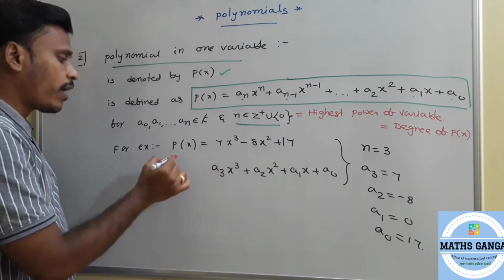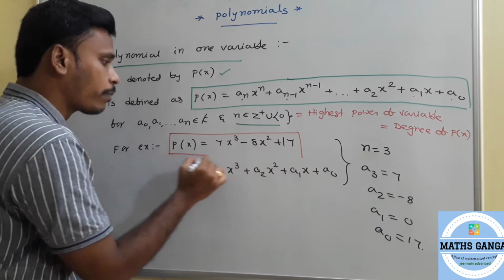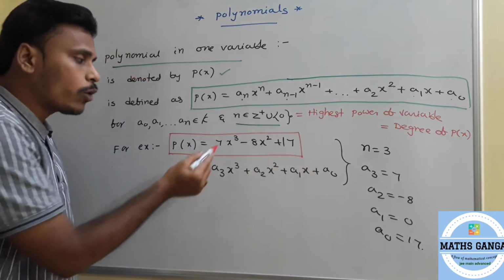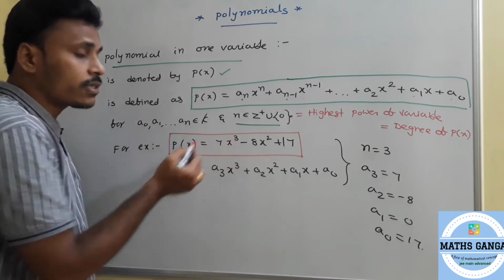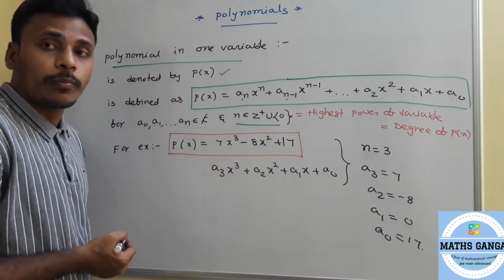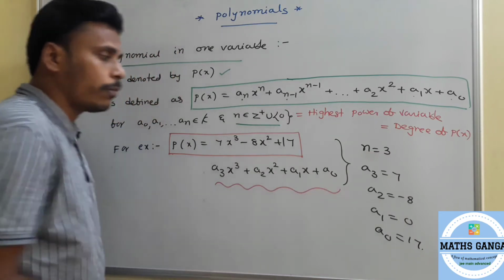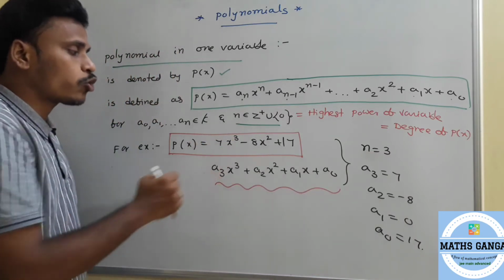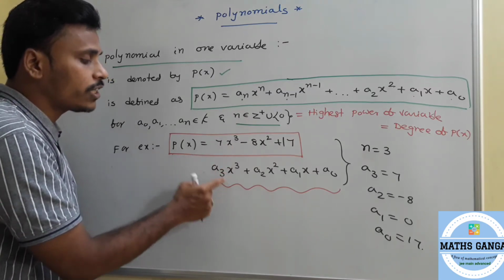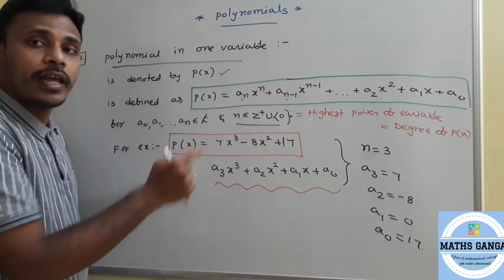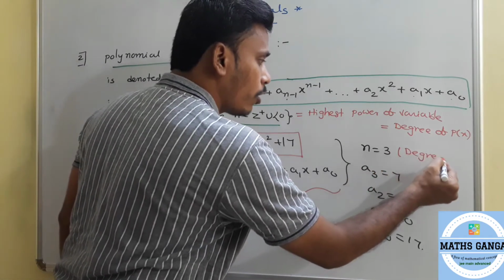For example, if I have a polynomial 7x cube minus 8x square plus 17. When you compare this polynomial with the general form, the highest power is 3, so the degree of the polynomial is 3. Since it is 3, we need to start with a3. So the value of n is 3, and this n is nothing but the degree of the polynomial.